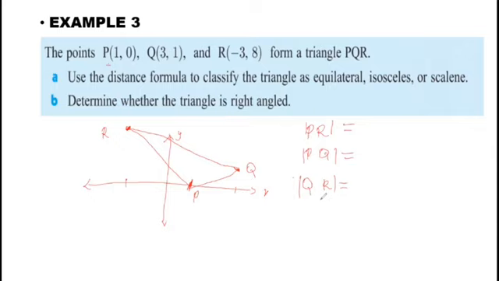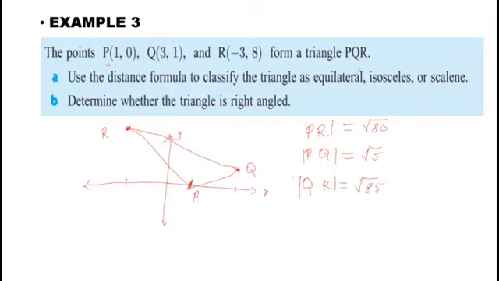So if you do this well, then the distance PR will be root 80, PQ will be root 5, and QR will be root 85.